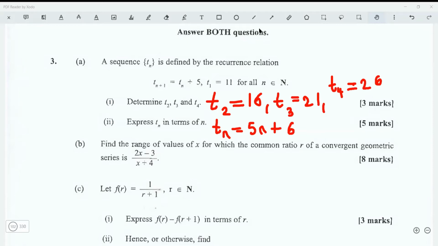All right. So this one right here now says find the range of values of x for which the common ratio of this geometric progression is convergent.